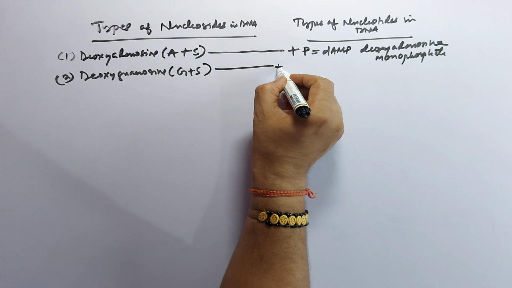Then the third one is deoxycytidine, that is C plus S, added with phosphate, changes to dCMP, deoxycytidine monophosphate.